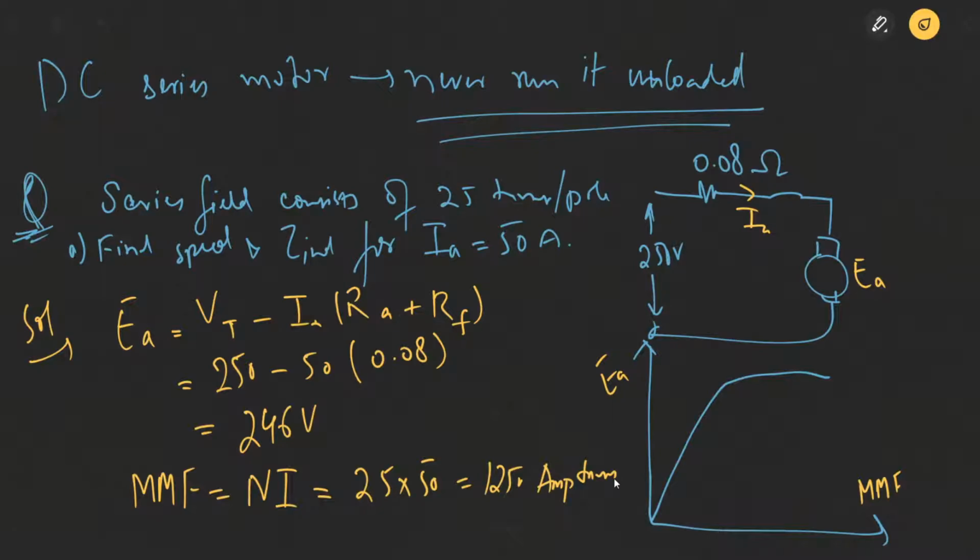So this is the MMF value. From the magnetization curve, now we need to find out the EA generated in this machine to get the speed of the motor.